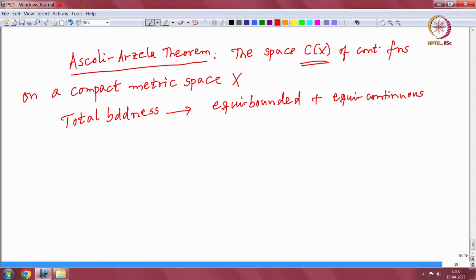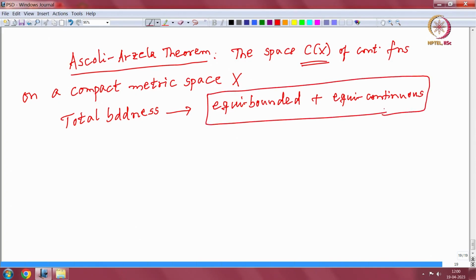It says that a subset of C(X) is pre-compact if and only if it is equibounded and equicontinuous. And these are in terms of the continuous functions. So we do not have to worry about the number of balls and that covering. These are verifiable directly with the knowledge of C(X).